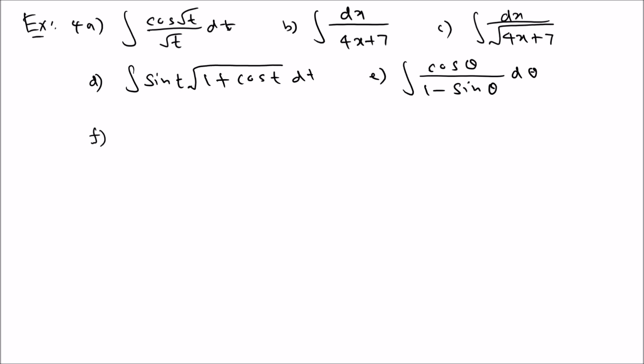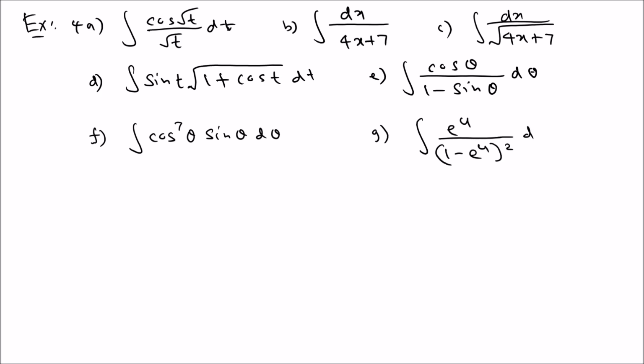So I'll do F: cosine 7 theta sine theta d theta. G: e to the u times 1 minus e to the u, whole thing squared, du.